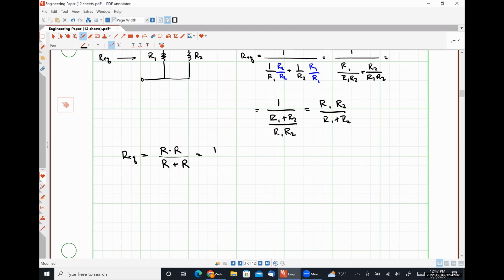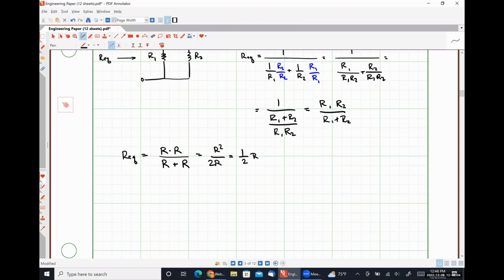This comes out to be R squared over 2R, or just 1/2 R. So whenever we have two identical things in parallel, the equivalent is just half of what we started with.